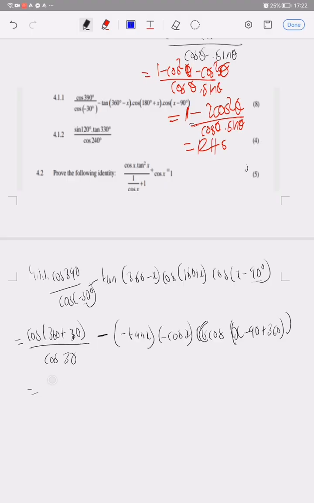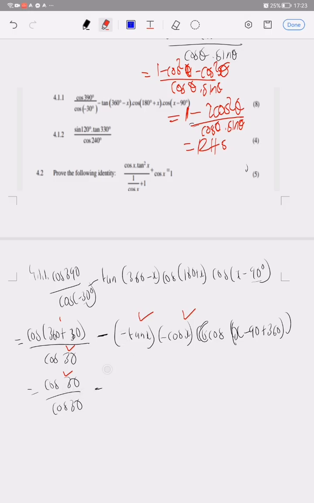Plus theta, it is in the first quadrant, and cos is positive, so it's going to be positive cos 30 over cos 30. Very simple. By changing this, you get a mark. By changing this, you get a mark. By changing this, you get a mark. Also by getting this, you get a mark.